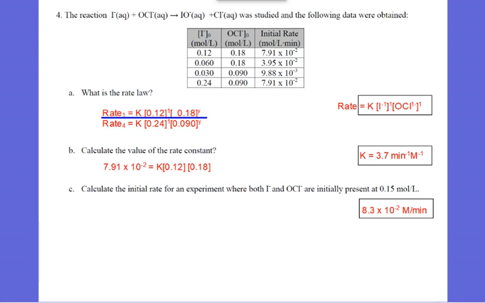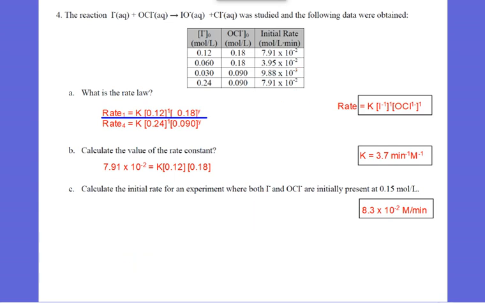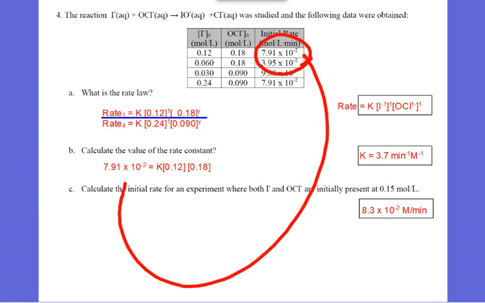That was really hard by comparison to some of the others. Now we have our initial rate that I plugged in. This initial rate that I plugged in, and I plugged in this data. They were both to the first order. Kind of looks like I'm making a weird emoji or something.